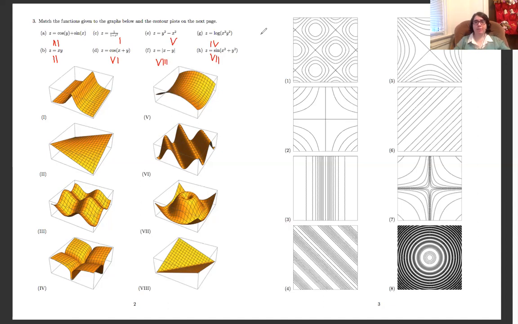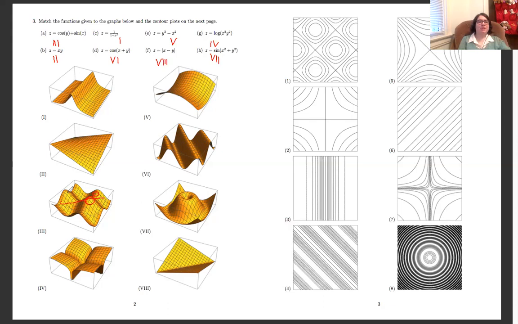Okay, now I'm ready to start looking at my contours. So I said for A that matches graph 3, and when I think about taking slices in Z, I expect to get sometimes circles, but also sometimes these kind of lines, especially as I weave between the hills.